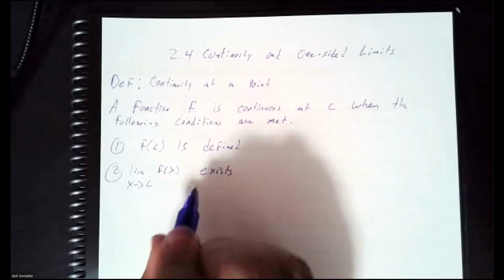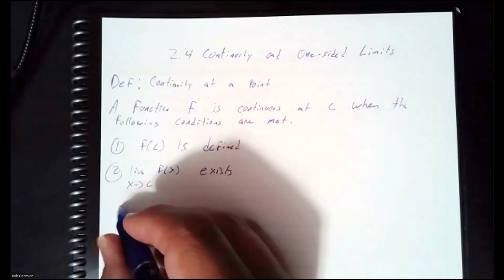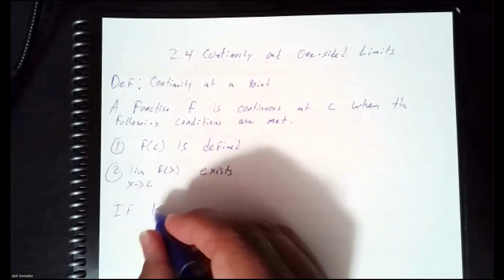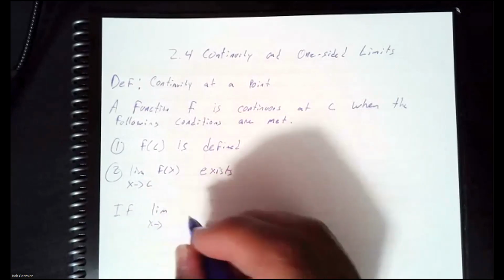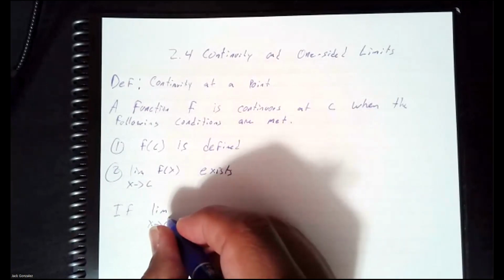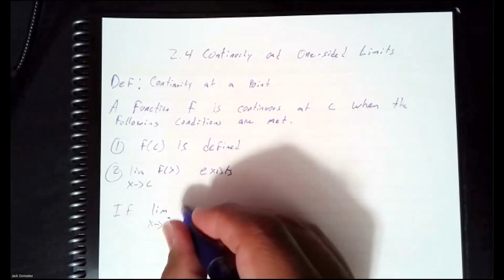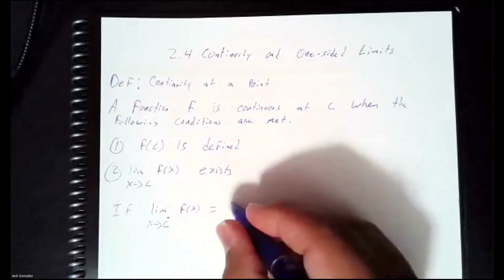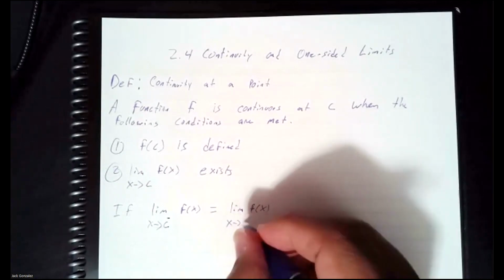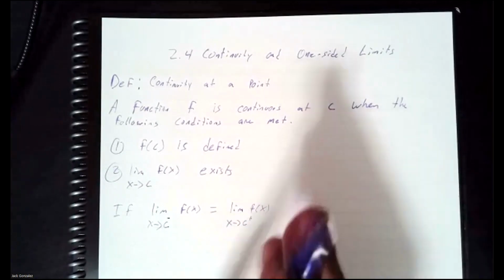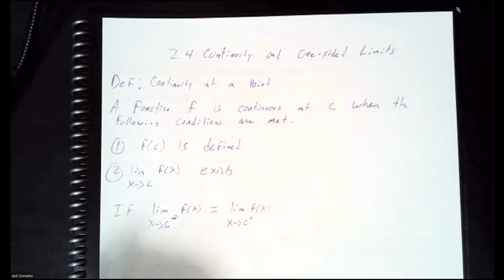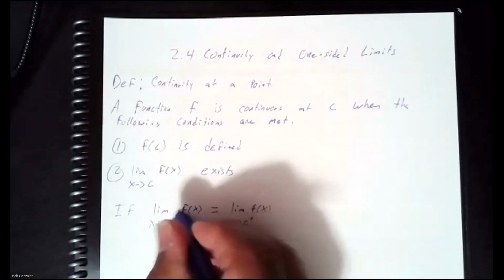And just to add a little more context to number two, in case you forgot, in order for the limit to exist, the limit from the left has to equal the limit from the right. You put a little symbol here, a plus and a minus.